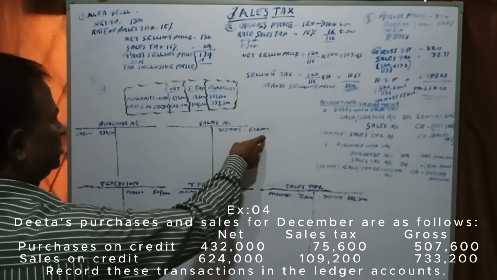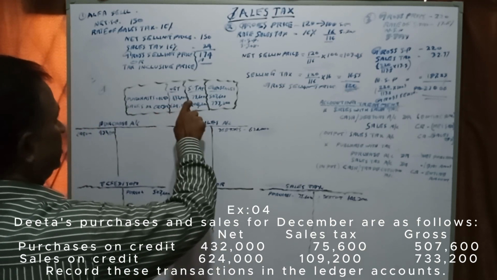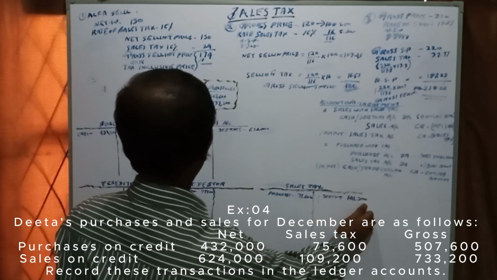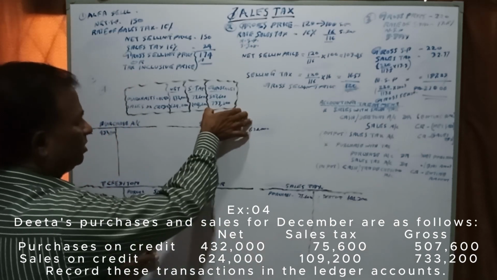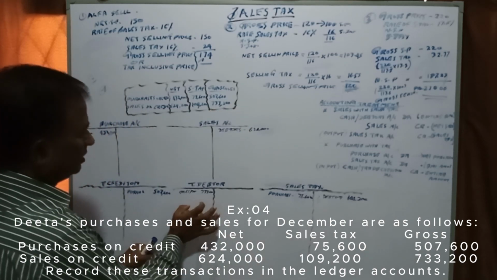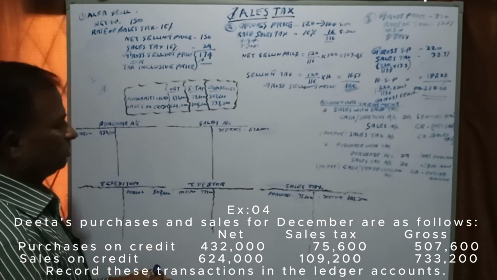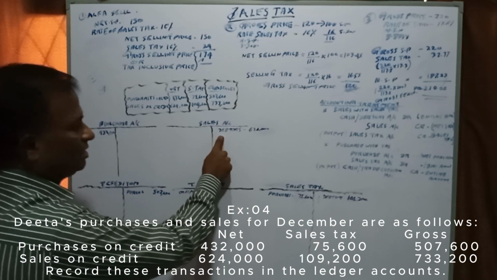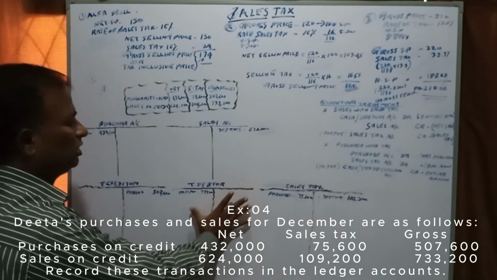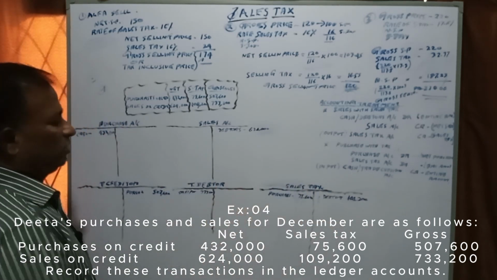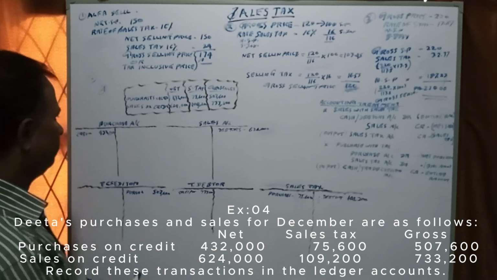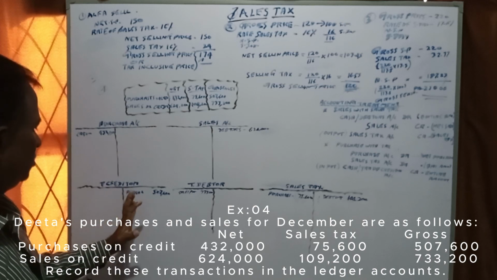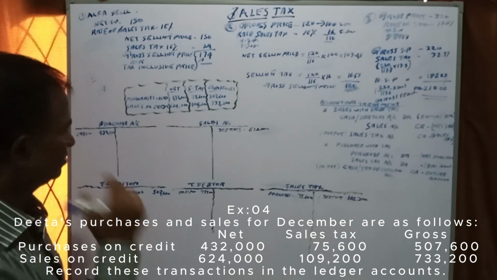Selling tax goes to the credit, 104,200, and the gross amount of the sales comes to the debtors account. If we add the sales account plus sales tax, it should equal the trade debtors. Likewise, purchases plus sales tax should equal the trade creditors.